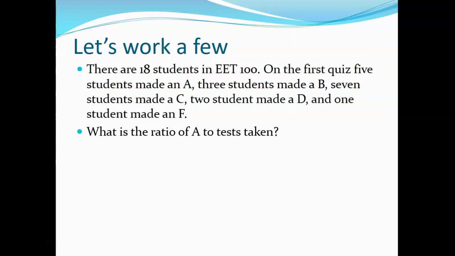Here's what I need to know. I don't care what the class is. I don't care about all those words. I need to know 5 students made an A. So I can just go 5A, right? Just cross all that out. More words, go away.